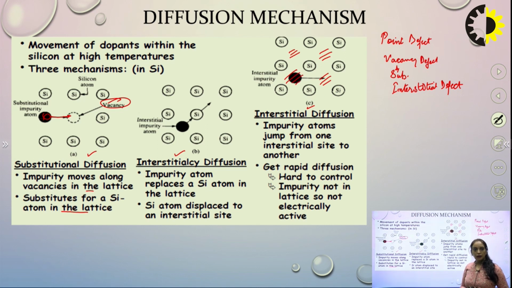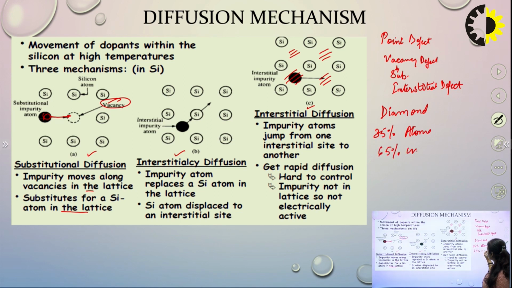Depending upon the material which we are using, each structure will have a different interstitial space, right? For example, the diamond structure. If you recall the diamond structure, we studied it in the first unit when we formed the crystals. So, in the case of diamond, only 35% is occupied by the atoms, and the remaining 65% is interstitial space.